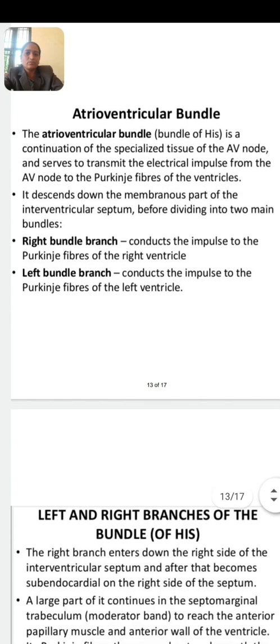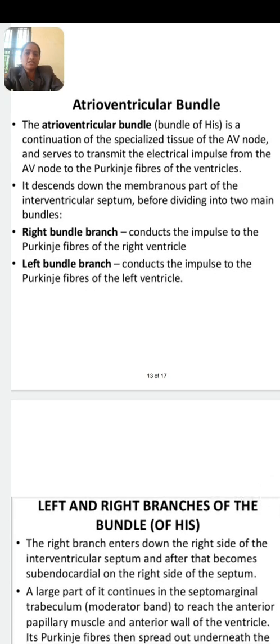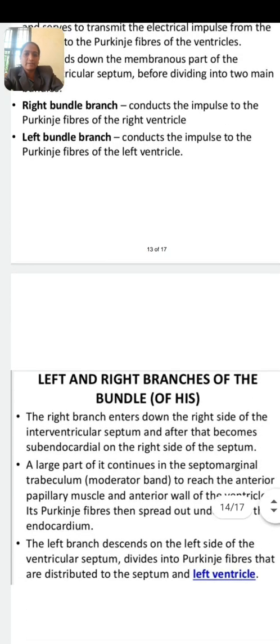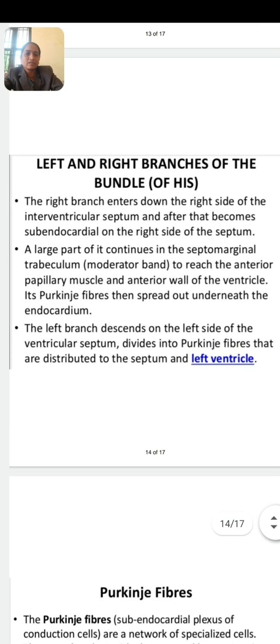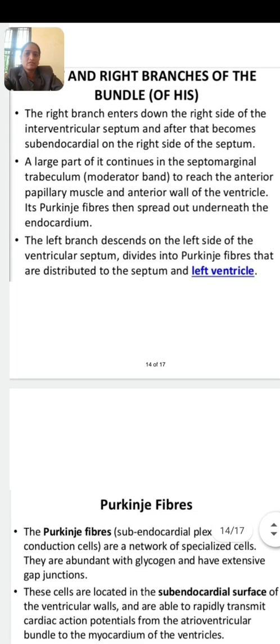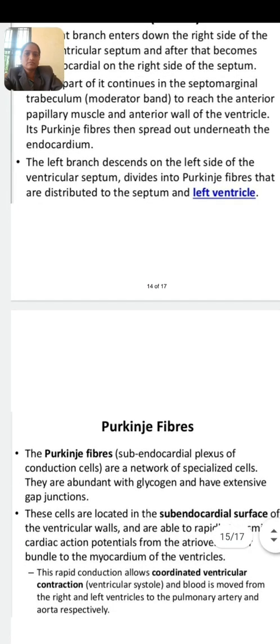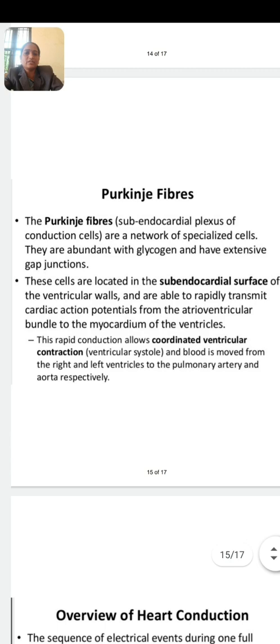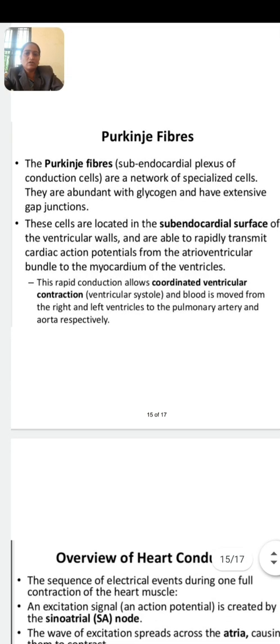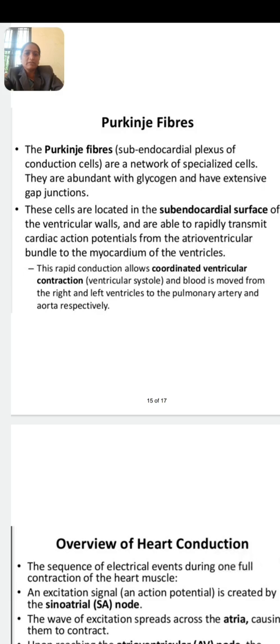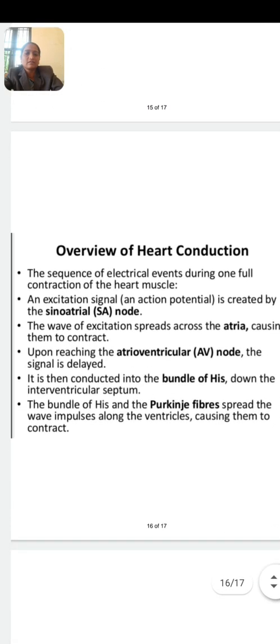It divides into two parts, the right bundle branch and the left bundle branch, going respectively into the right and left ventricles. The fourth component is the Purkinje fibers. These cells are located in the walls of the ventricles. They rapidly transmit the cardiac action potential from the atrioventricular bundle to the myocardium of the ventricles.